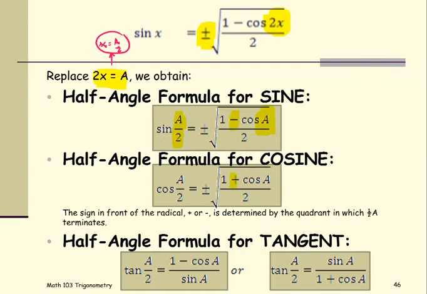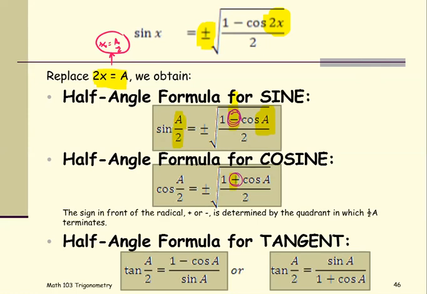For the sine, the numerator of the radicand has the difference here, and it's going to be the sum for the cosine. It's proved the same way as we derived the formula for the sine of the half angle.